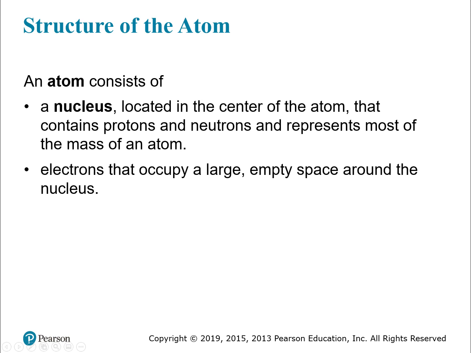And the nucleus, which is the center of the atom, contains the protons and neutrons and represents the majority of the mass of an atom. The electrons occupy a large empty space around the nucleus. Remember, the electrons are so teeny tiny that it's pretty much empty space around that nucleus.